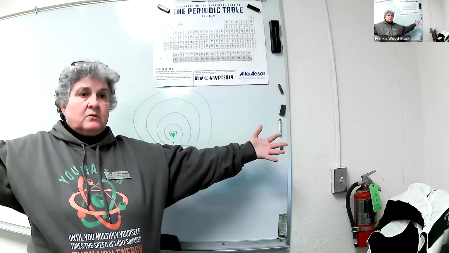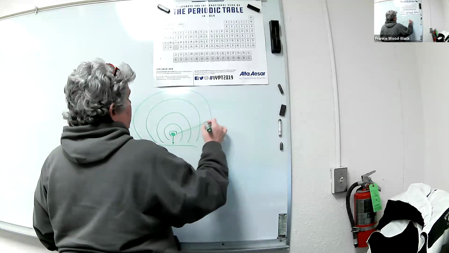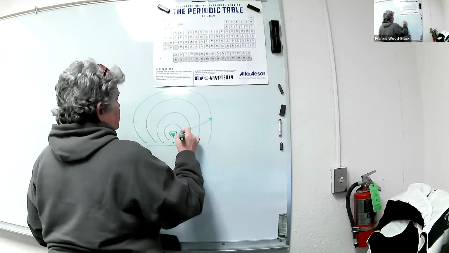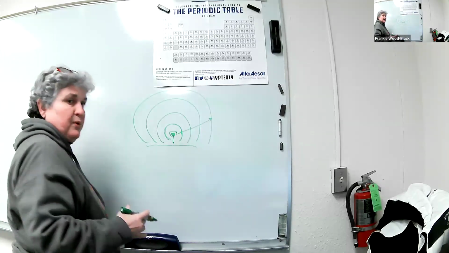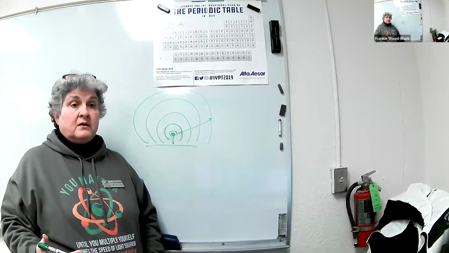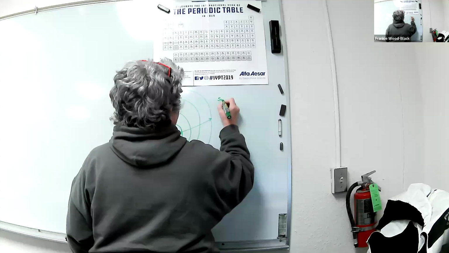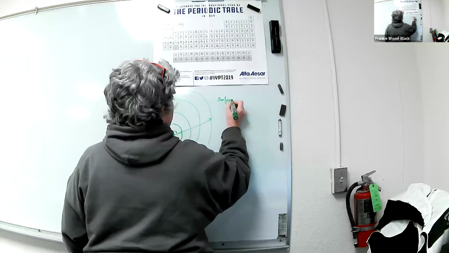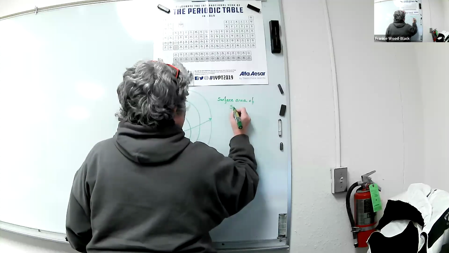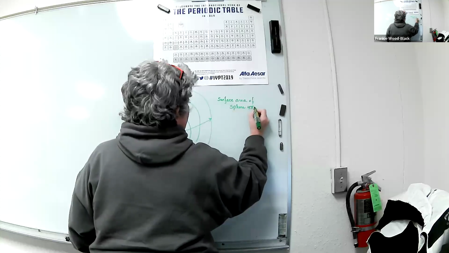Well, what happens as I move out from here to here? If I'm spreading the intensity out over the entire sphere, what's the surface area of a sphere? The surface area of a sphere is 4 pi r squared.